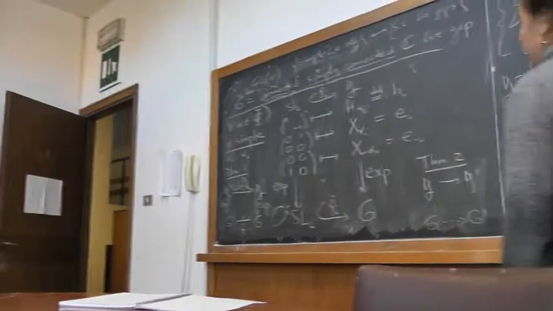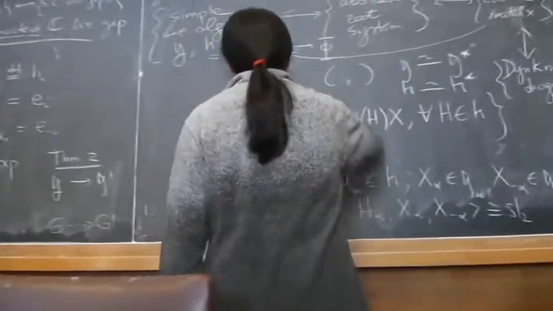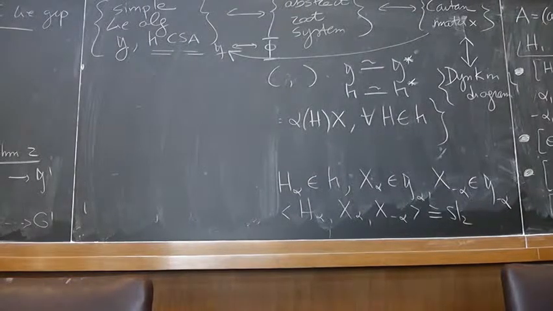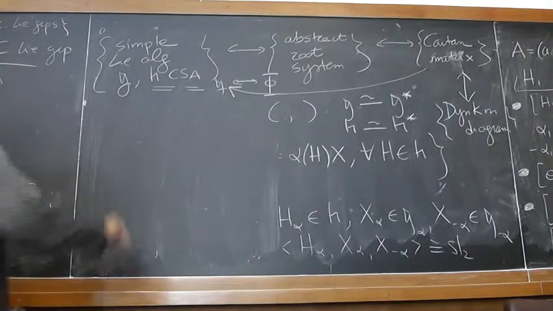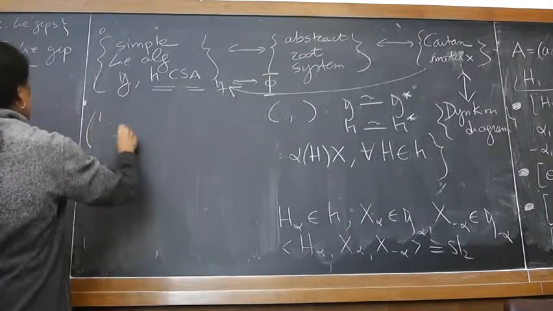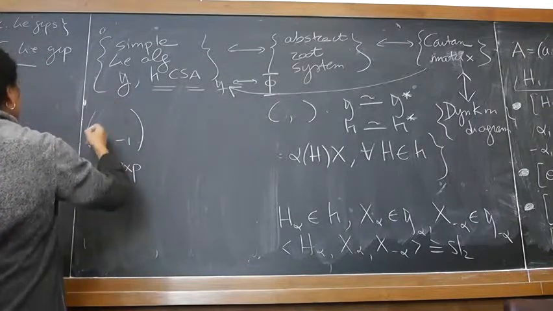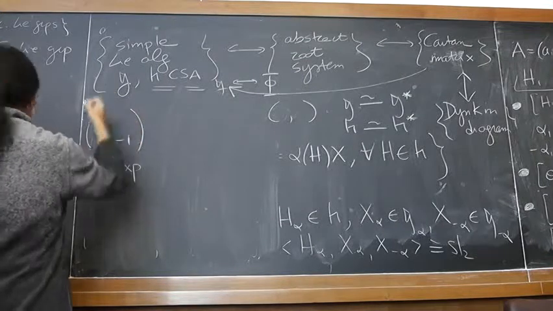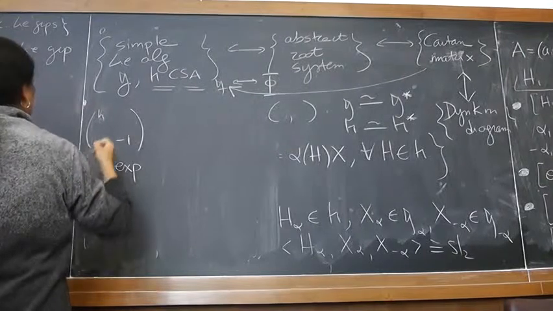So what I wanted to say, I want to finish early, but okay, just say one thing: what is the exponential of these things? Say h, what is it called? Whatever.